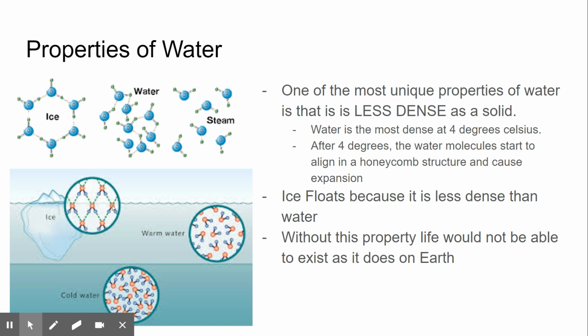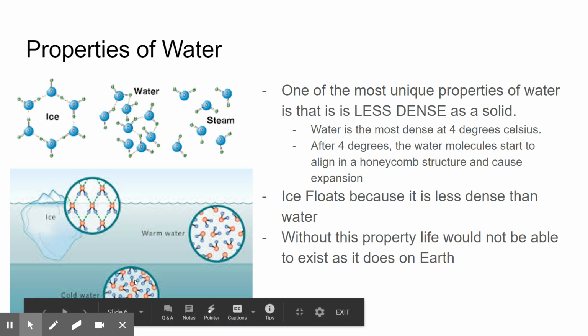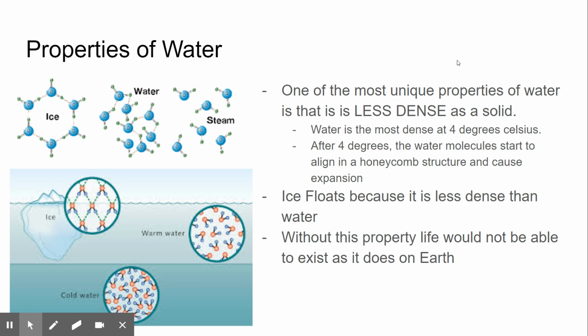So as it freezes, it gets less and less dense, and ice is actually less dense than water. That's why ice floats. If ice was more dense than water, it wouldn't float, right? The densest things go to the bottom.